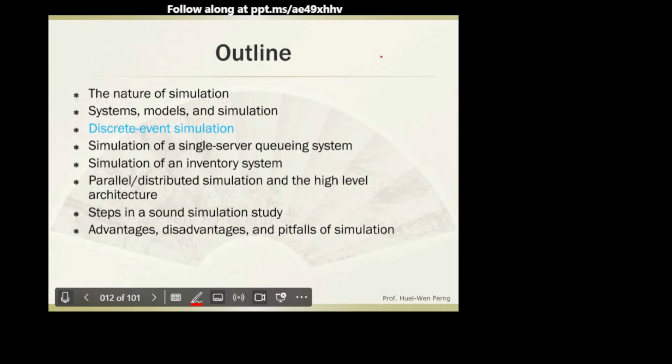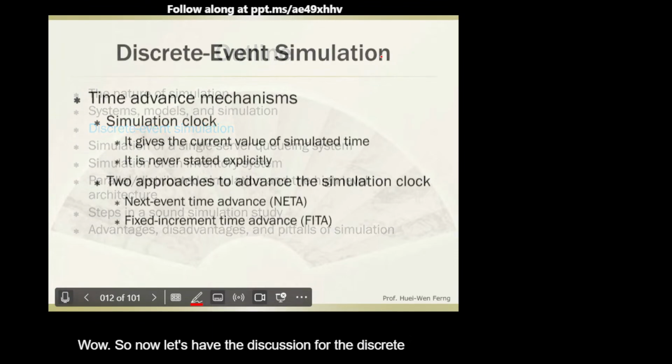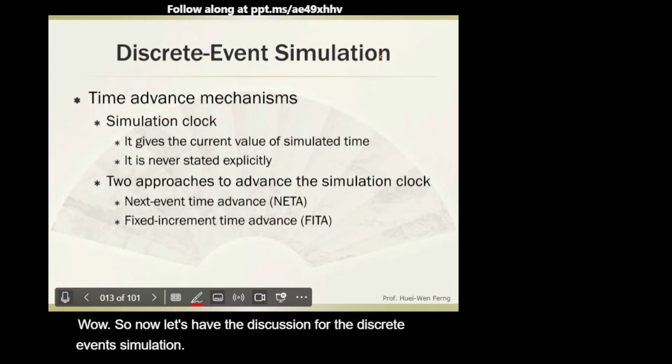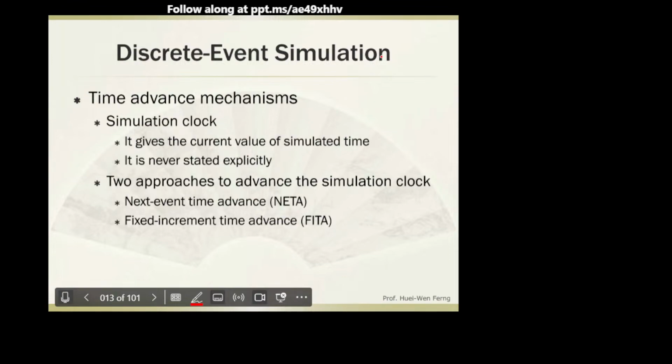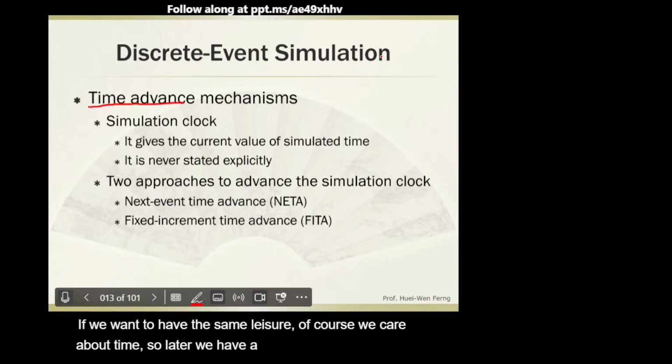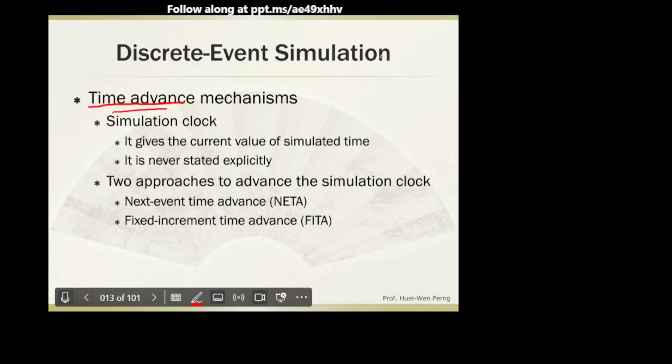Let us have the description for the discrete event simulation. If we want to have the simulation, of course, we care about time. So later we have a time advance mechanism. That says we need a clock, which we call the simulation clock.